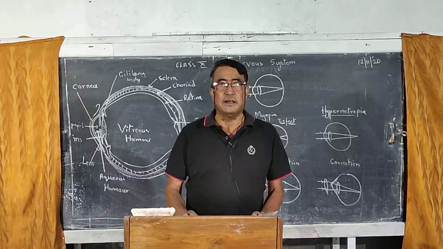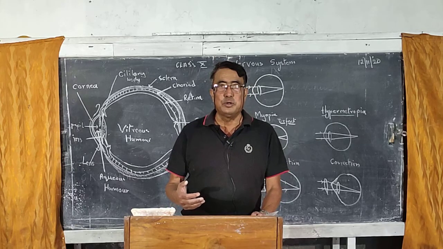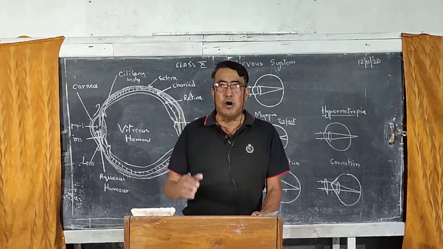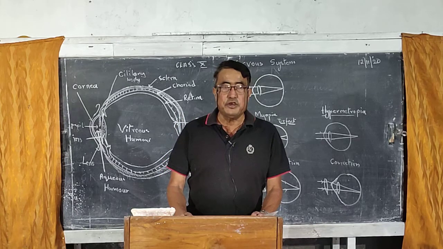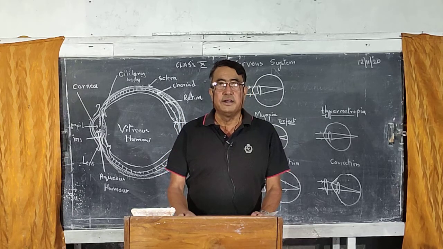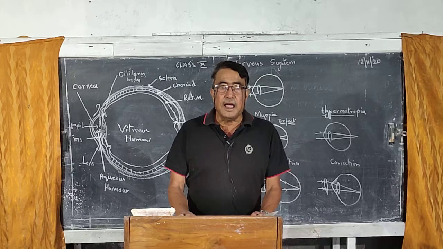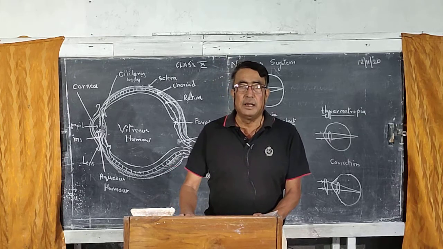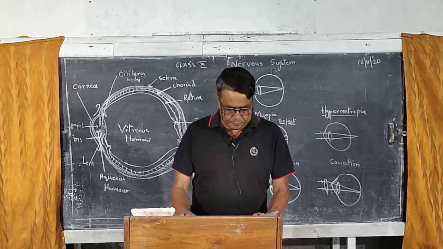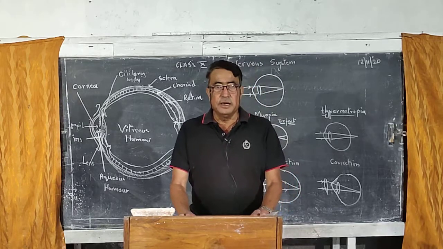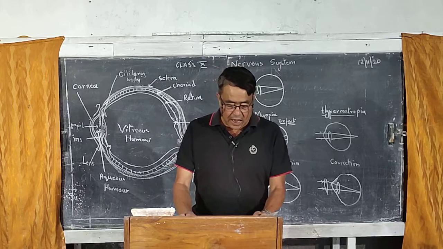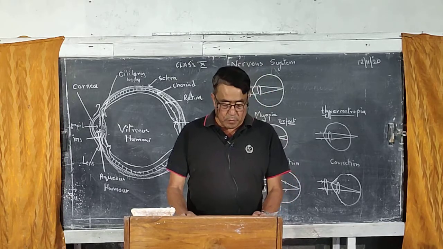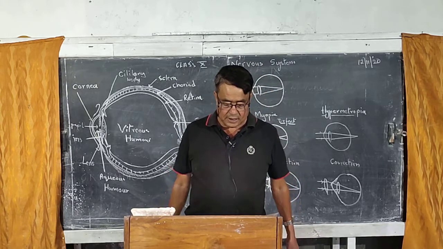Next, tear glands. These glands are situated on the upper side of the orbit, and their secretion is called tear. The tear gland is also called the lacrimal gland. The tears help to lubricate the eye, and they help to remove dust particles.